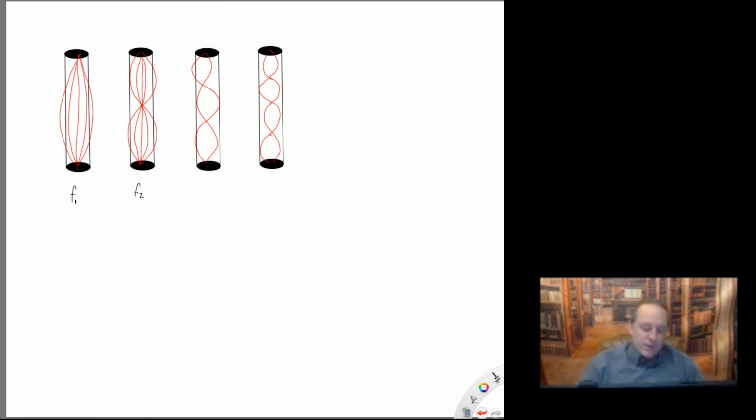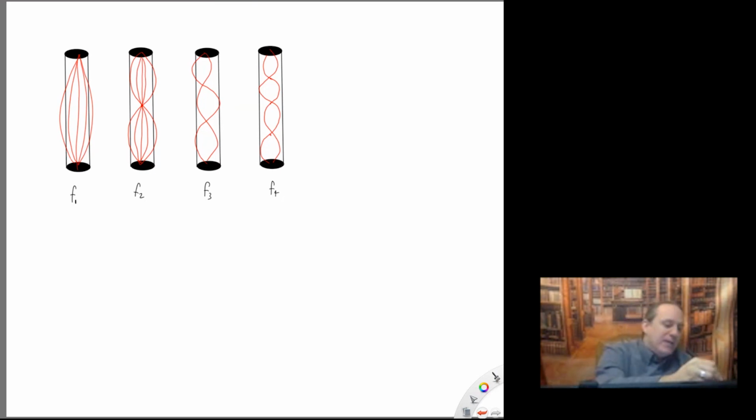Okay, so that's not super interesting because it's not really new once we know how these diagrams are going to go. But what about how to do it with both ends open?